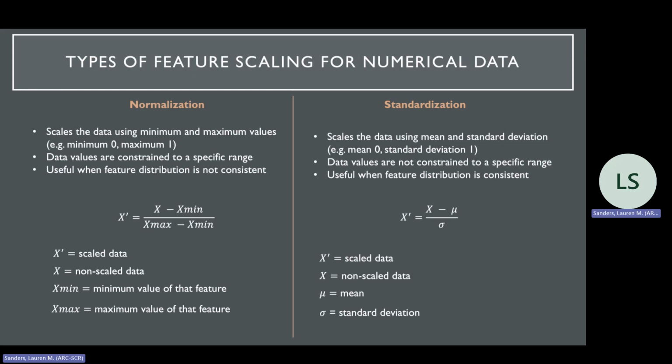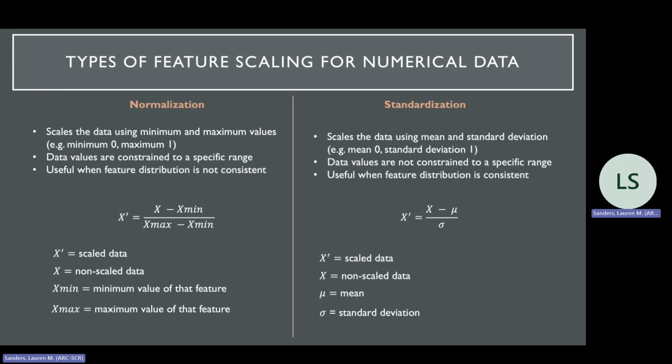So there are a couple of different types of feature scaling that are useful for numerical data that we'll be going through in the notebook. The first one on the left is called normalization, and this is what we just talked about in the example on the last slide, scaling the data using minimum and maximum values. So for example, minimum of 0, maximum of 1. In this case, data values are constrained to a specific range.